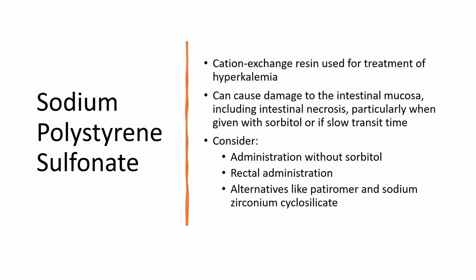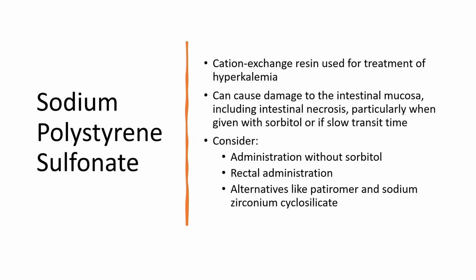So possible ways to prevent this would be administering without sorbitol. And generally you're not using this for chronic hyperkalemia, but if you're needing it outpatient for multiple uses, you may ask the pharmacist to make sure it doesn't have sorbitol because it's not something you can easily order.